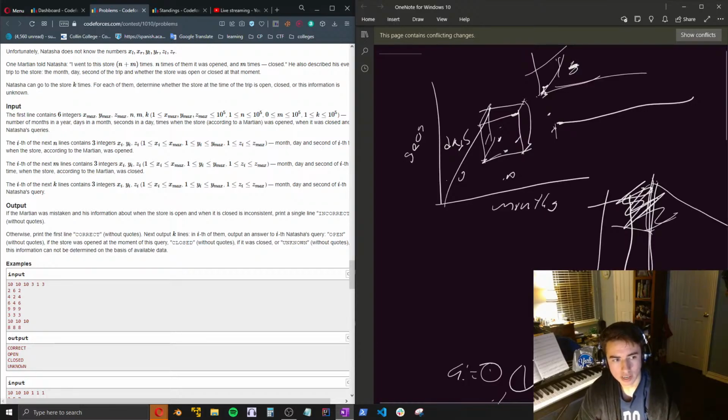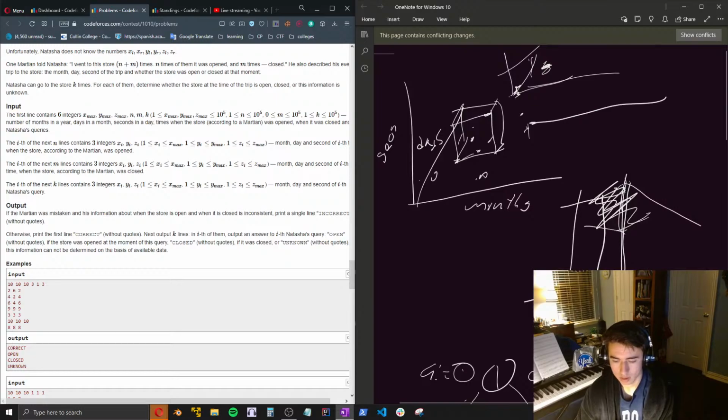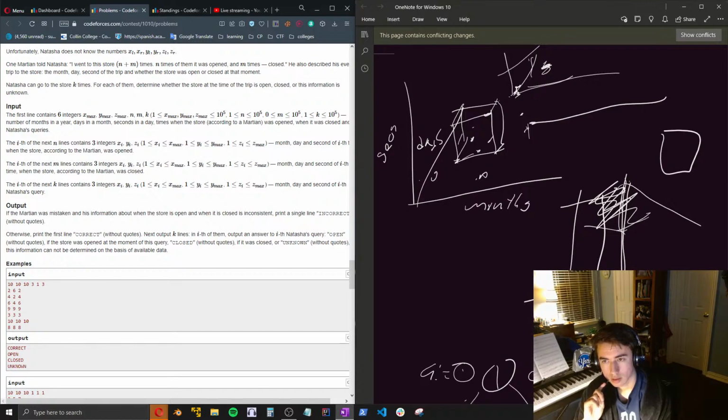So then we need to test which of the points are good planes. It's only a single point, right? Yeah, so you can sweep across and then query.